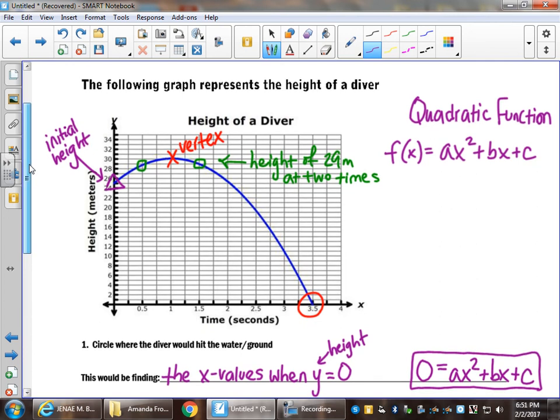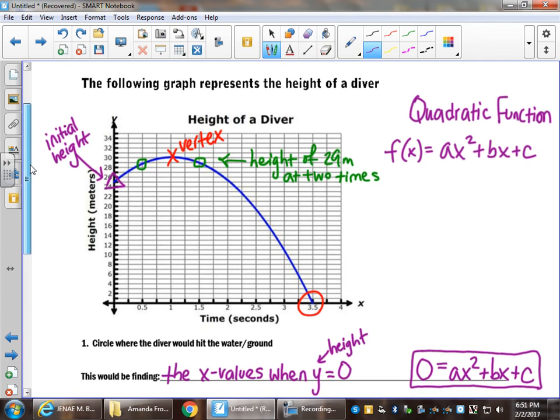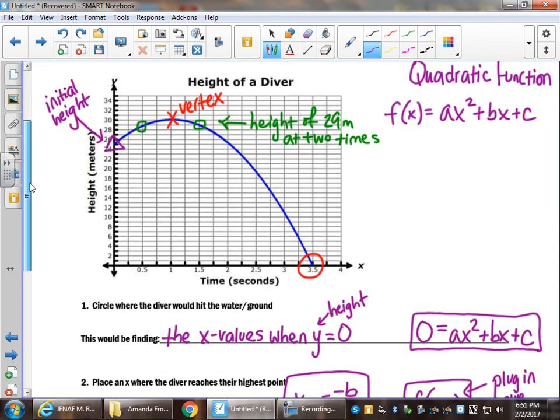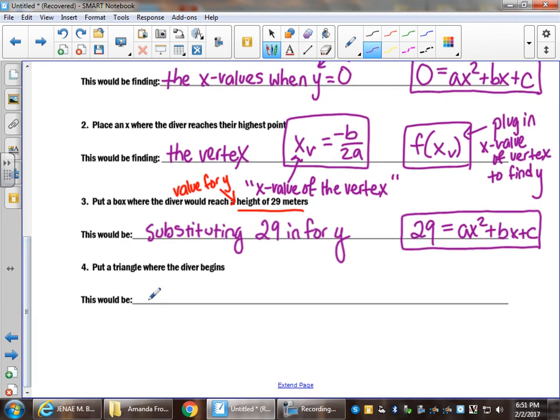His initial height. Ask yourself, when x equals 0, what's y?